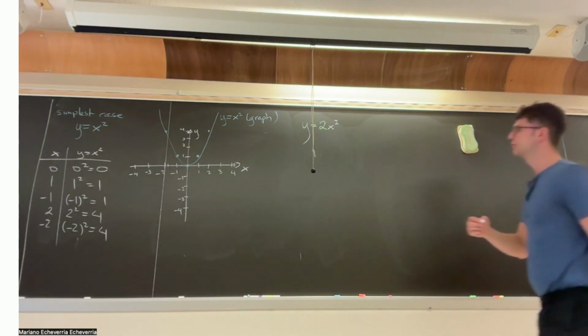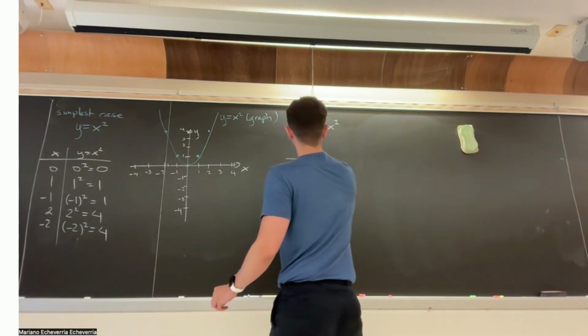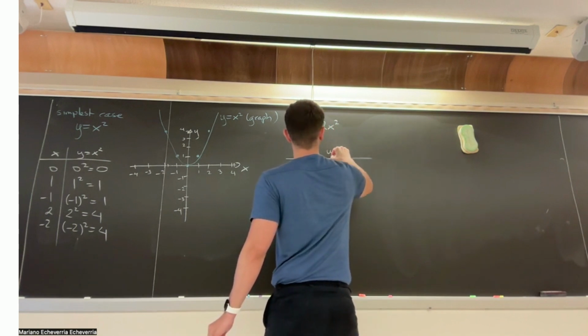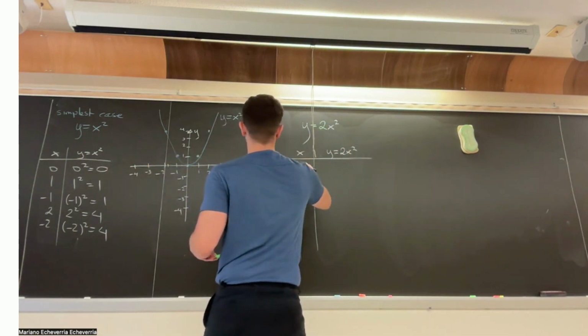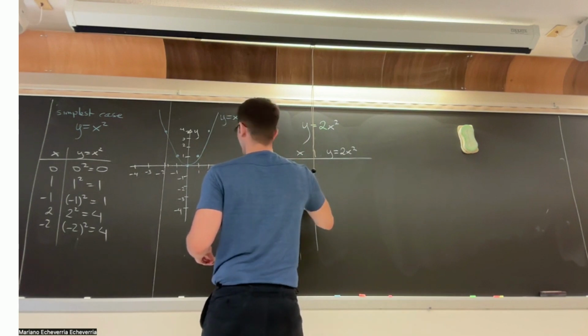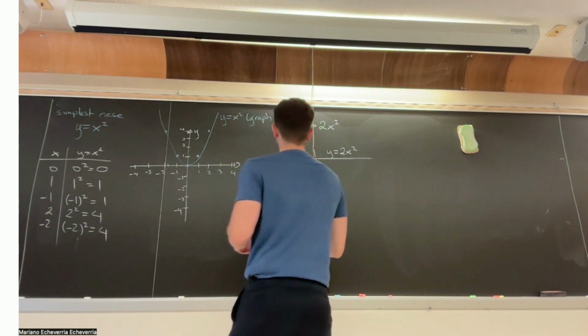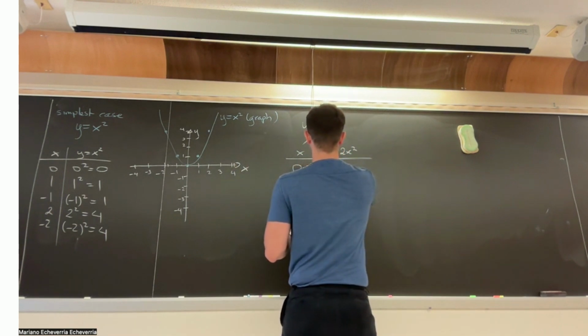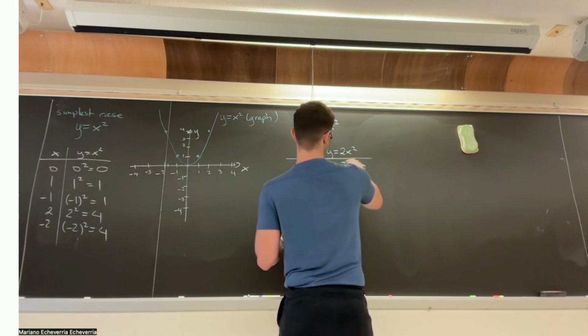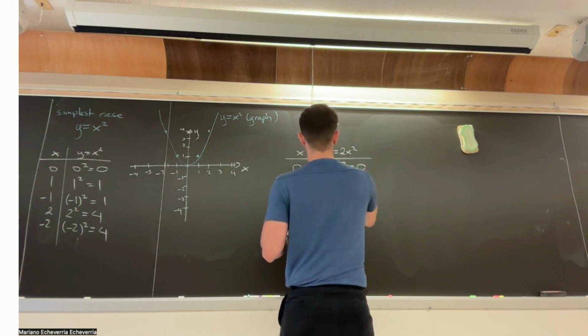What you can do in this case is use the table just to see how this looks. I'll put the same values for this table: 0, 1, -1, 2, -2. With x equals 0, you get 2 times 0 squared, which is still 0, because 2 times 0 is 0.